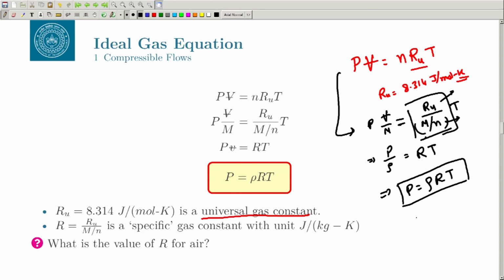Here R is nothing but Ru, the universal gas constant, divided by M, which is your molar mass. Now, the unit of R will be joule per mole Kelvin divided by kg per mole, so it becomes joule per kg Kelvin.